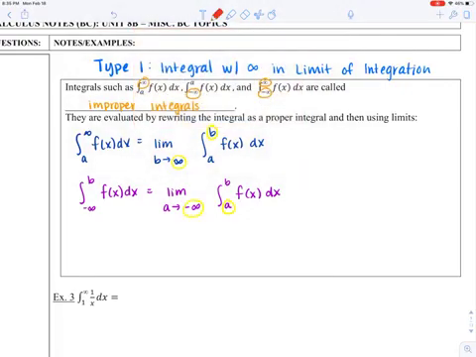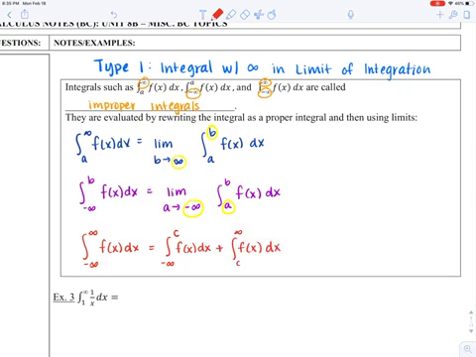Probably the trickiest one of all three is when you have negative infinity and positive infinity in your bounds. In which case, we're going to start by splitting it at a c value. So we're going to go from negative infinity to c, and from c to positive infinity.